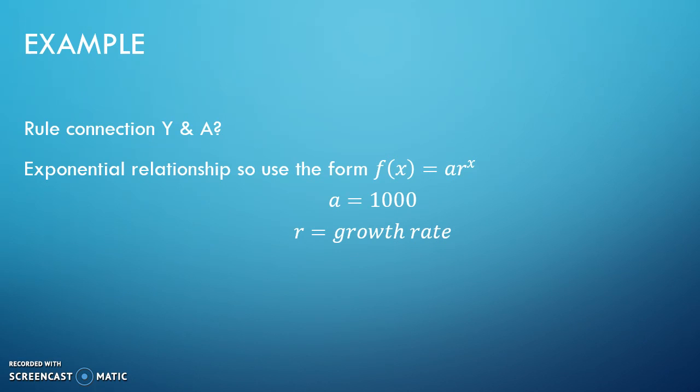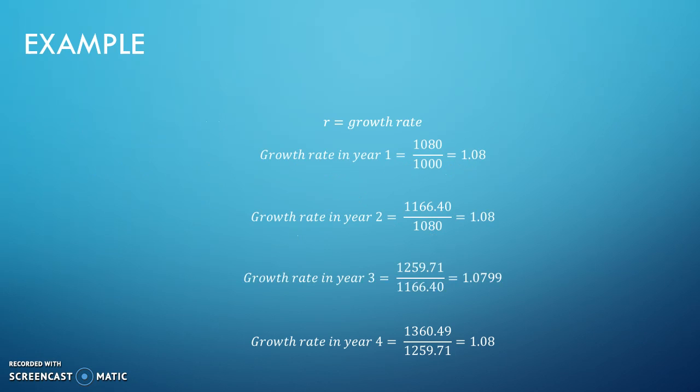To find our growth rate, we compare how much the amount is growing every year. For the first year, we look at what it was at the end of that first year divided by what it was at the start, in year 0. We divide those first two values and we get 1.08.